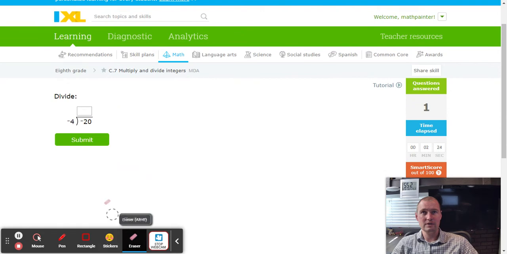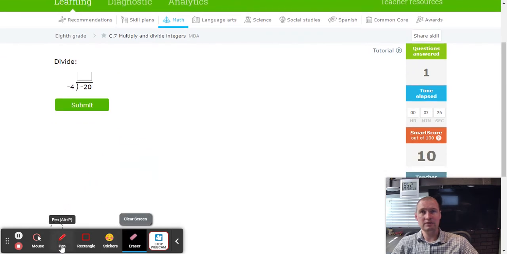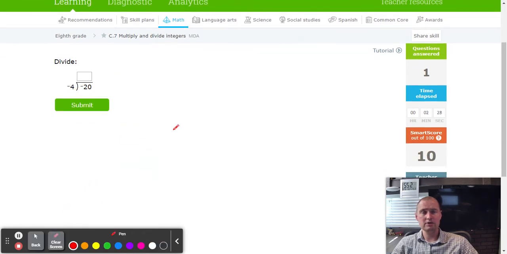All right. Same thing with division. Whether it's multiply or division, we're going to use that same chart. So 20 divided by negative 4 is going to give us 5. Now, because they're the same sign, we're going to go ahead and just call it positive. Remember, negative, negative, whether it's multiply or divide, is going to be positive.